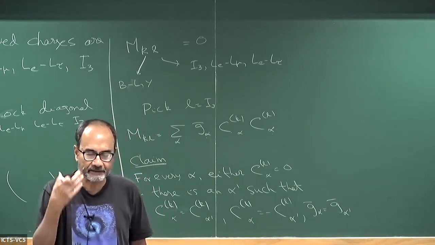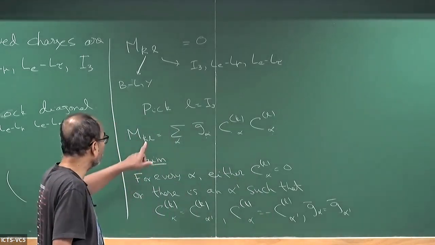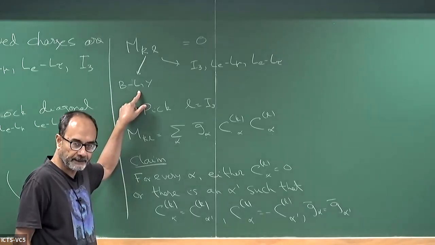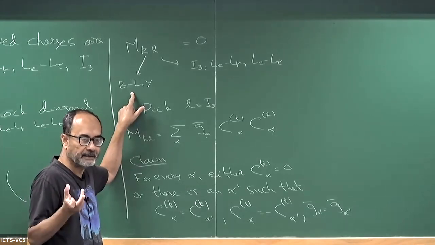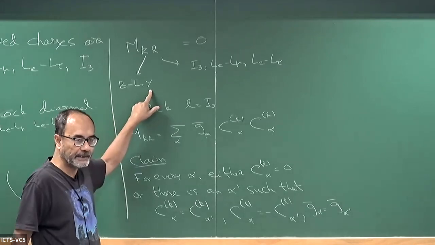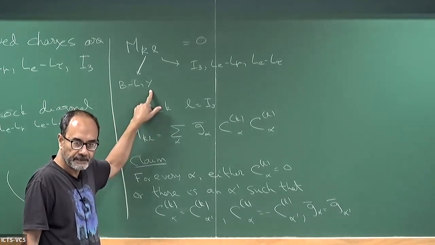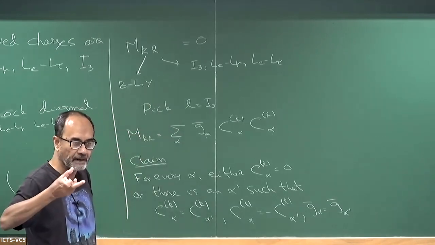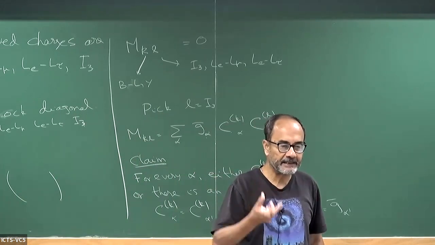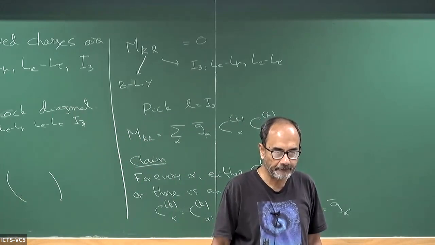And the point is that those elements with opposite I3 will always have the same value of these global charges. B minus L is a global symmetry. A global symmetry always commutes with the gauge symmetry SU2. It will also have the same value of Y, because Y is part of a U1, which also commutes with the SU2 group. So if SU2 is converting an I3 equal to half to I3 equal to minus half, it doesn't affect the B minus L value or the Y value.